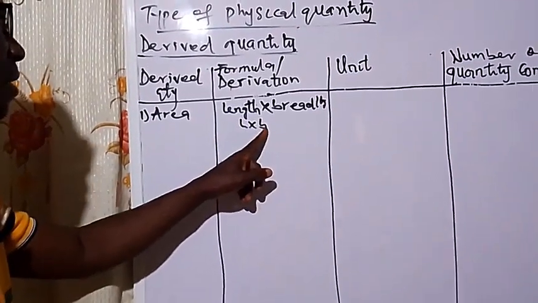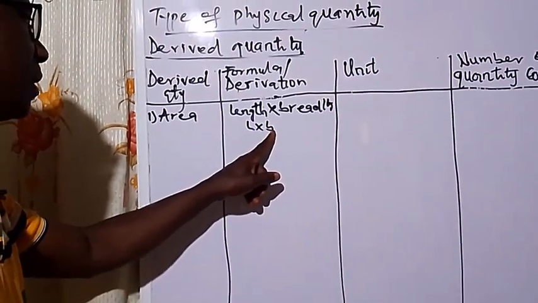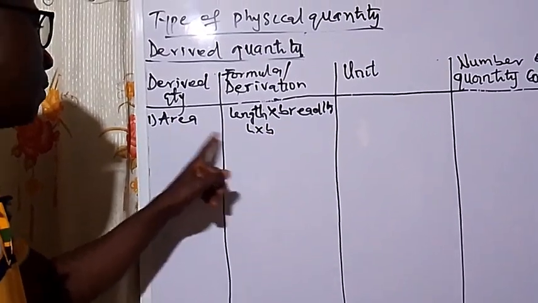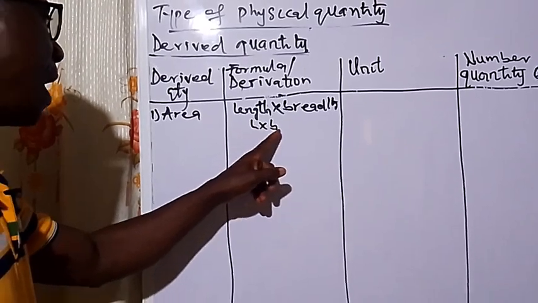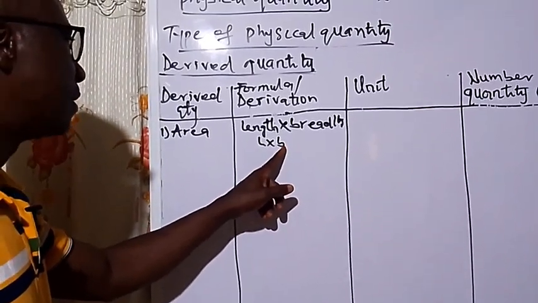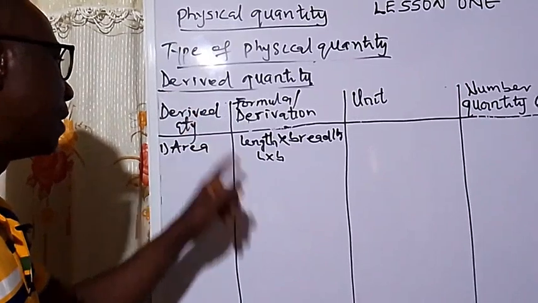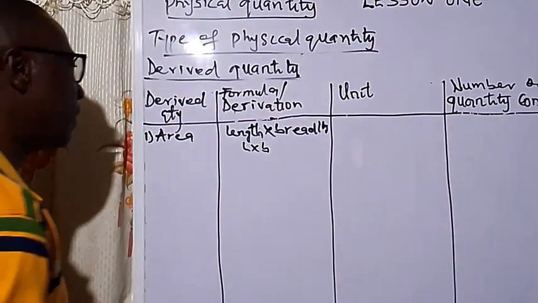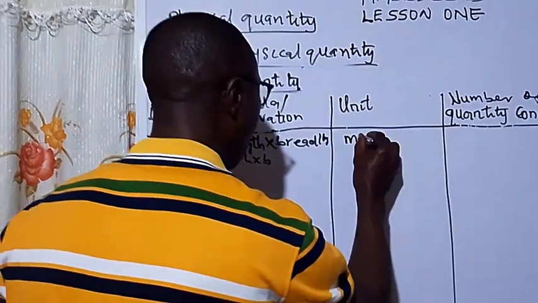Breadth is another fundamental quantity, so area is formed from a combination of length and breadth. But breadth is also under length. That is why the unit of area will be meter square.